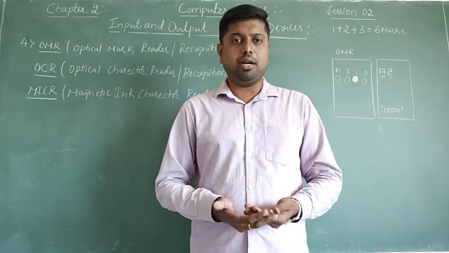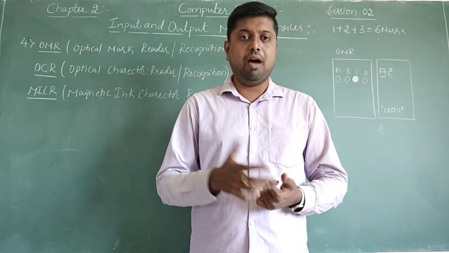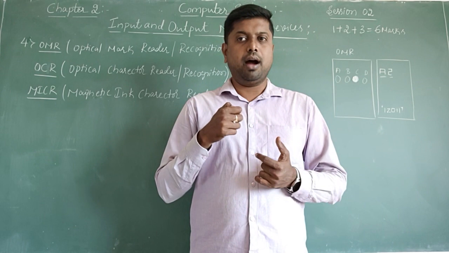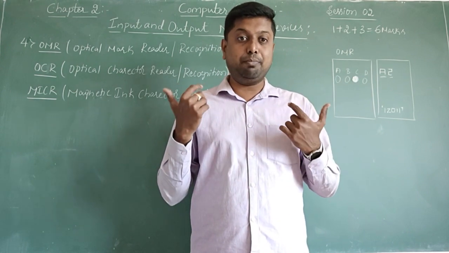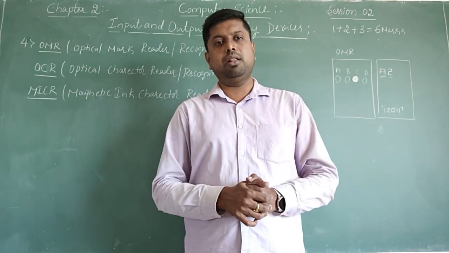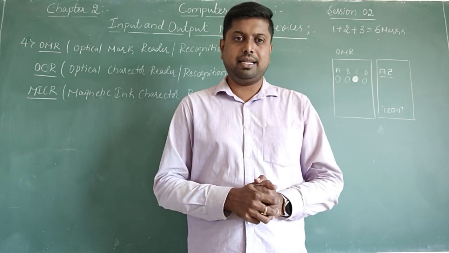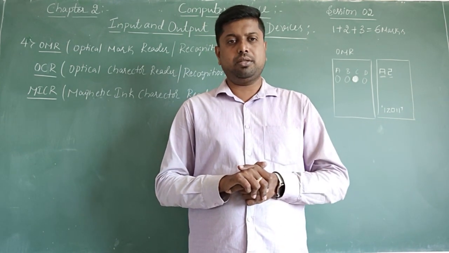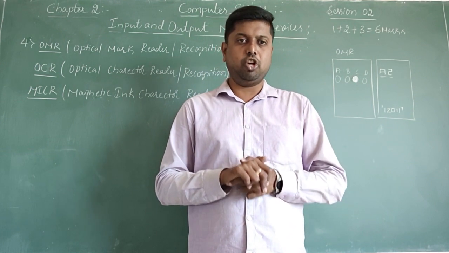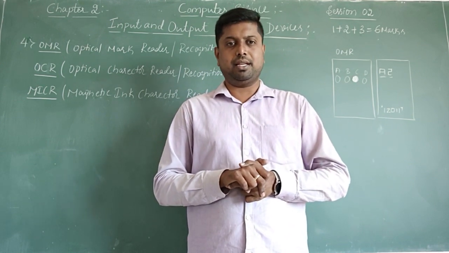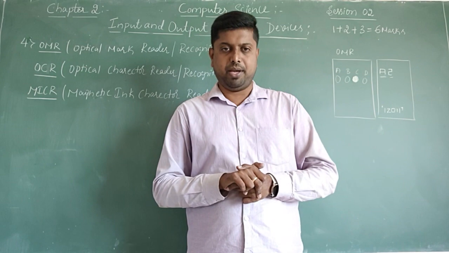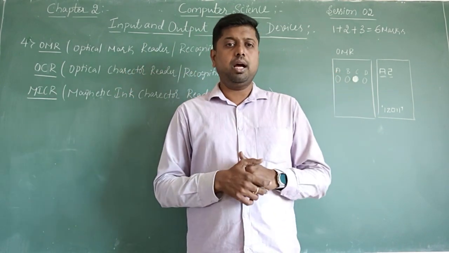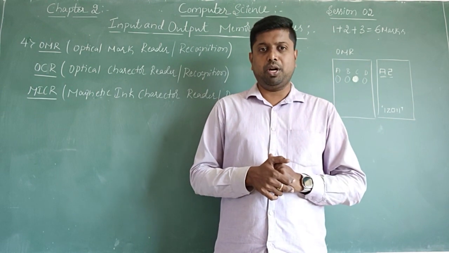But we have a lot of input devices. Still we have light pen, still we have barcode readers, and some kinds of light pens. All these devices are used as input devices. But finally, these four will be our syllabus: keyboard, mouse, joystick, and optical input devices like OMR, OCR, and MICR.